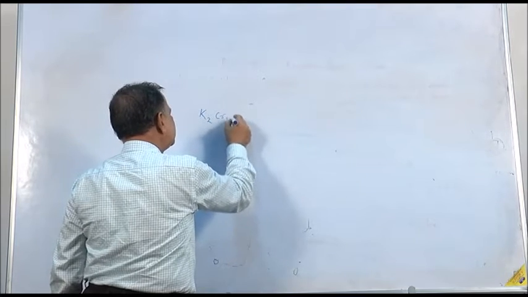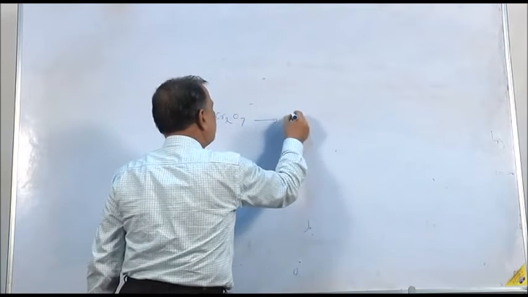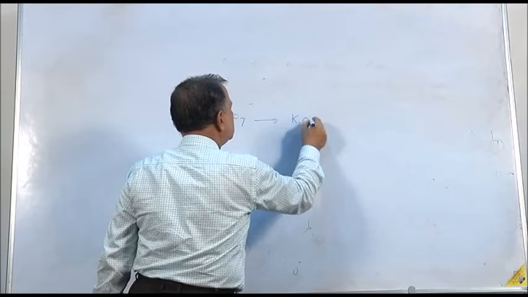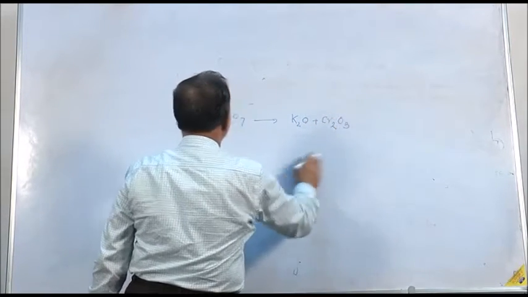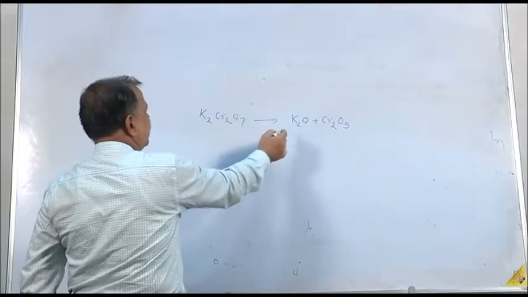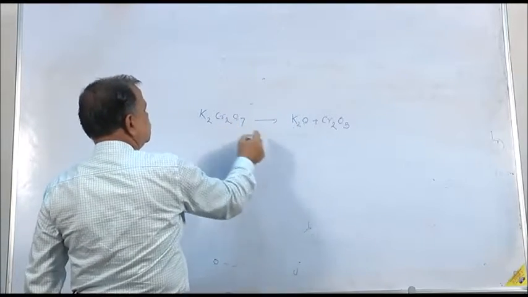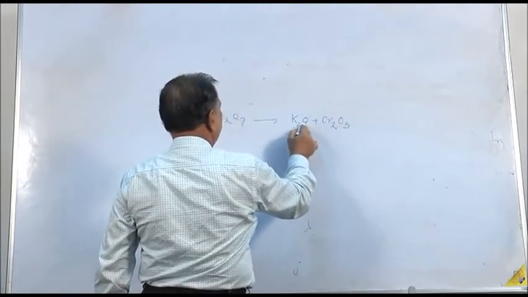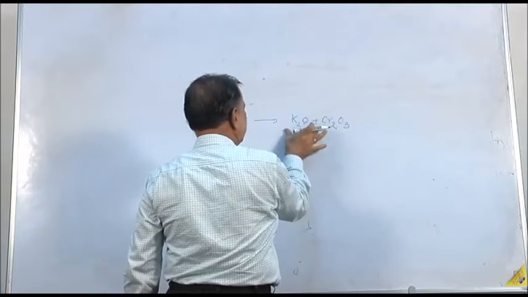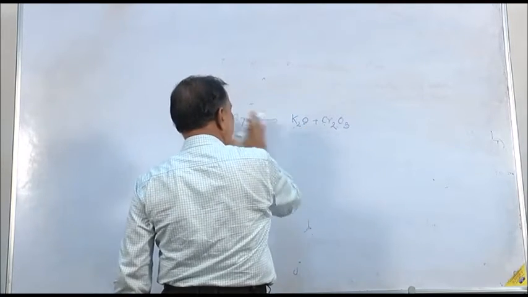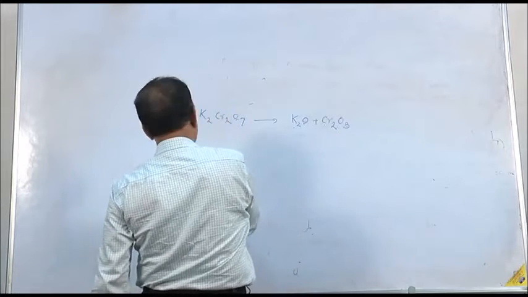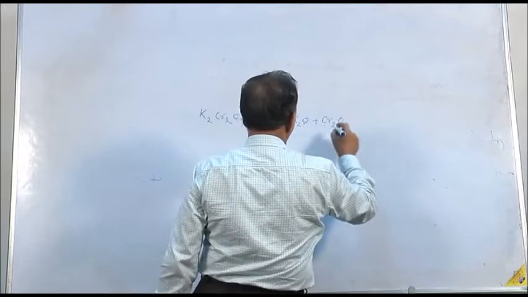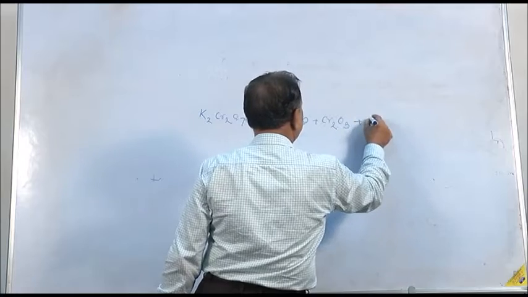you may write it like this: it changes to K2O plus Cr2O3 plus 3O. K2Cr2O7, K2O, Cr2O3, 3 plus 1, 4O. Each part should be balanced, that is called the partial equation method. K2O, Cr2O3 plus 3O.